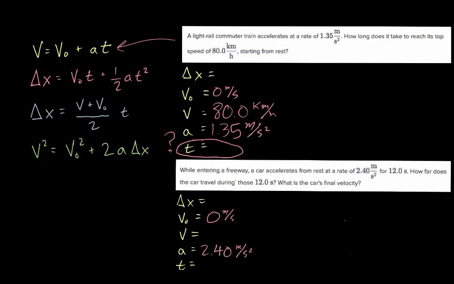And in all of these problems, it's important to think about whether something is moving in the positive direction or in the negative direction, or if it's accelerating in the positive direction or the negative direction. It actually looks like for these examples we've chosen, everything is moving in the positive direction and accelerating in that same direction.